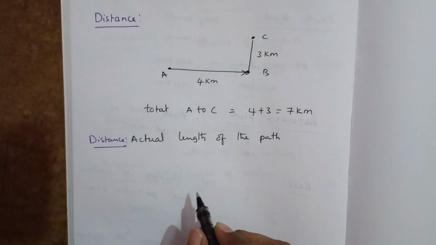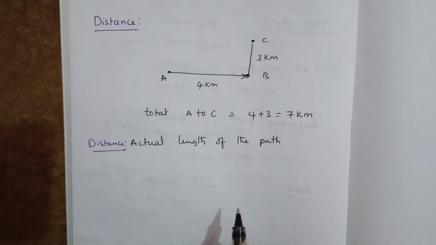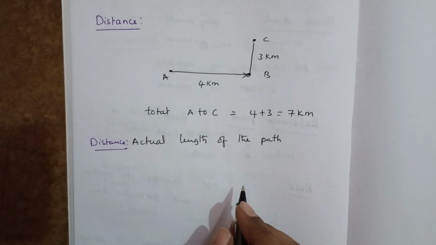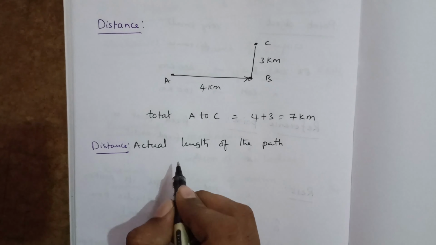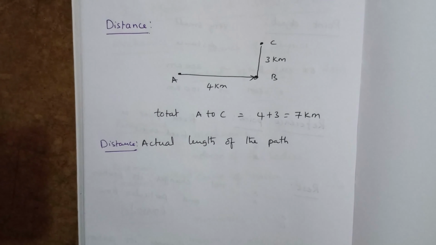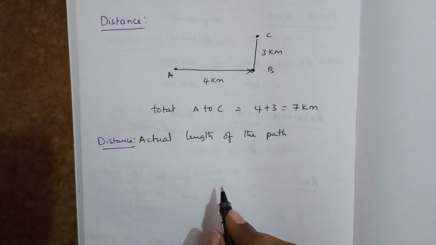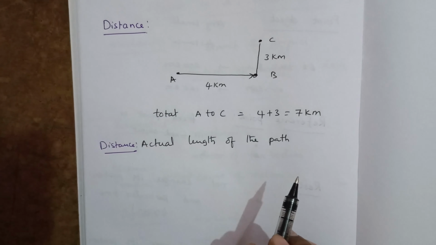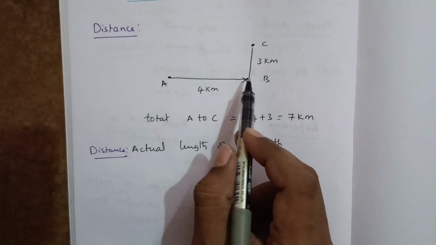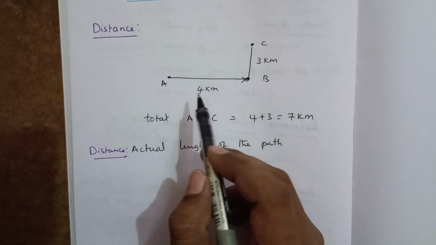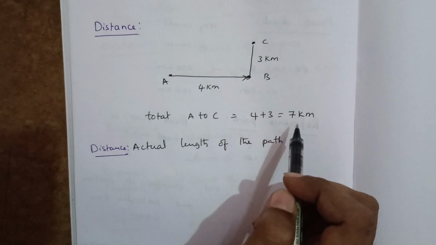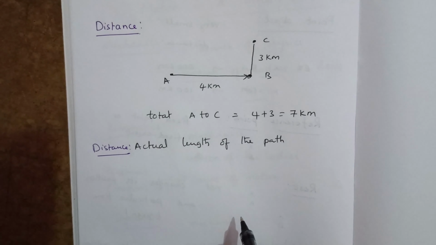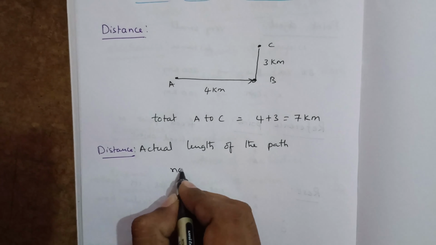Here we are not considering direction, only the length they covered. For example, A to B is 4 and B to C is 3, so total A to C is 4 plus 3, 7 kilometers, with no specified direction.